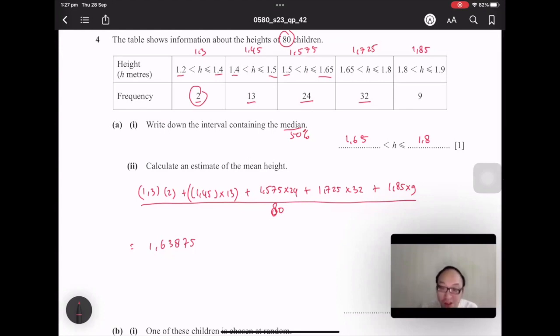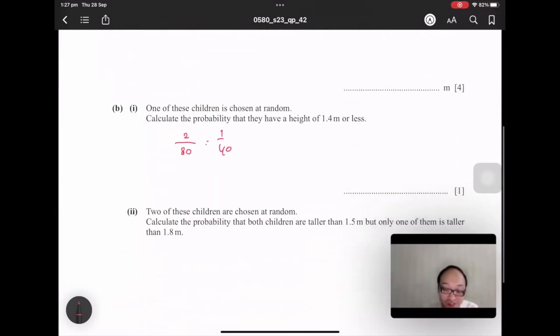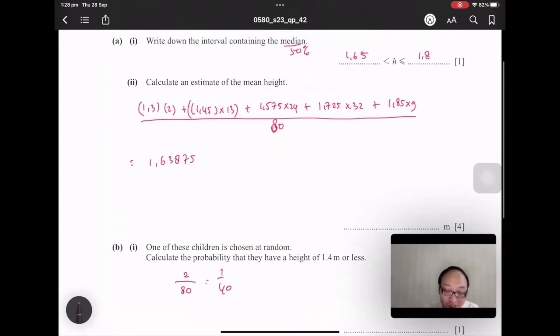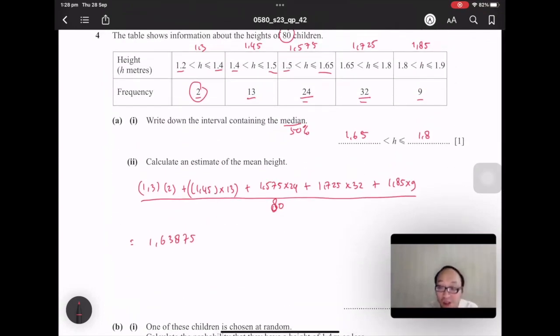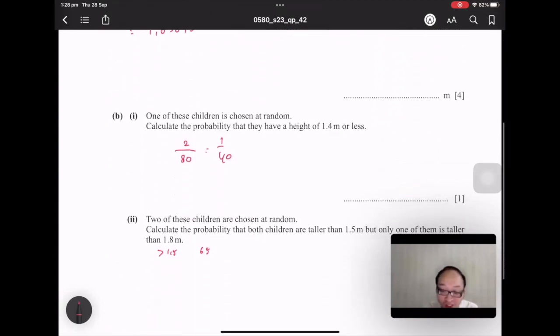So taller than 1.5, we have 24 plus 32, 56 plus 9, 65. So greater than 1.5, we have 65. But greater than 1.8, we have 9.